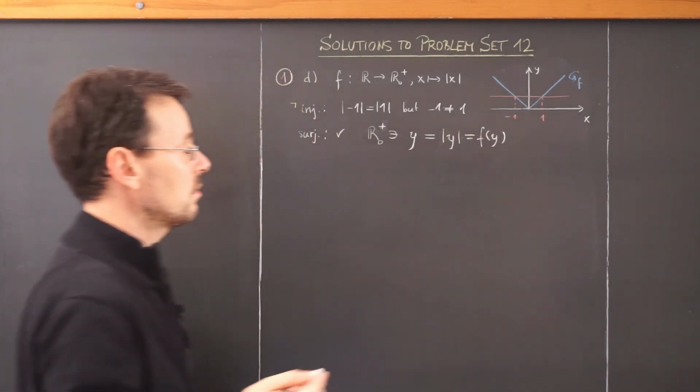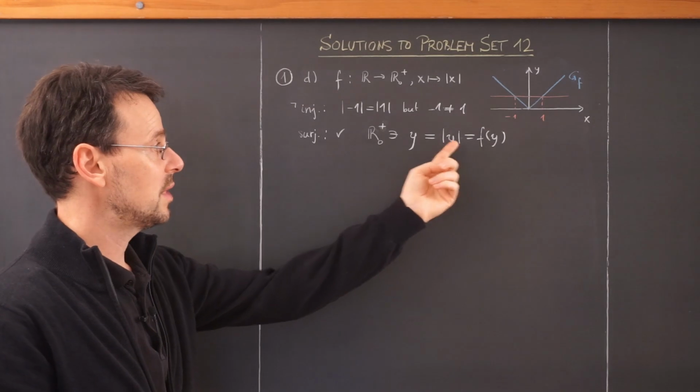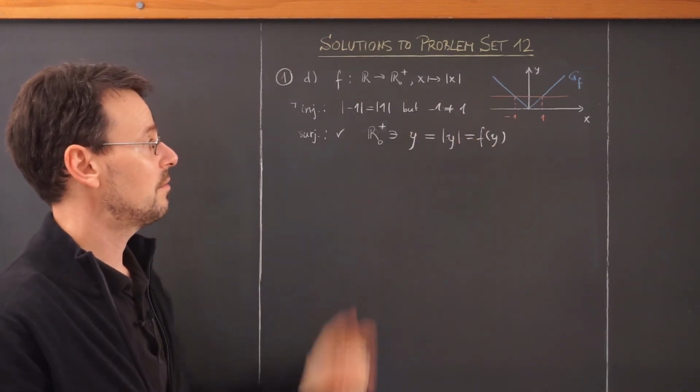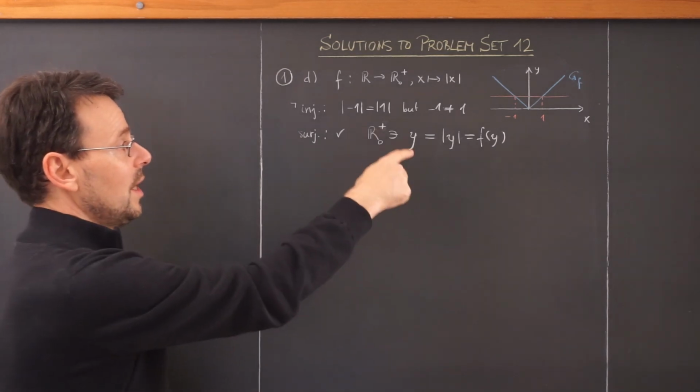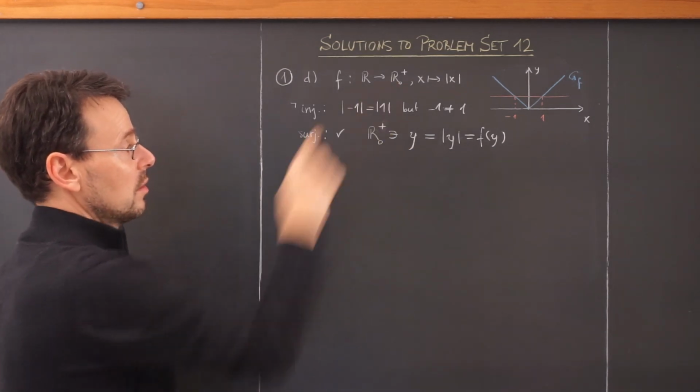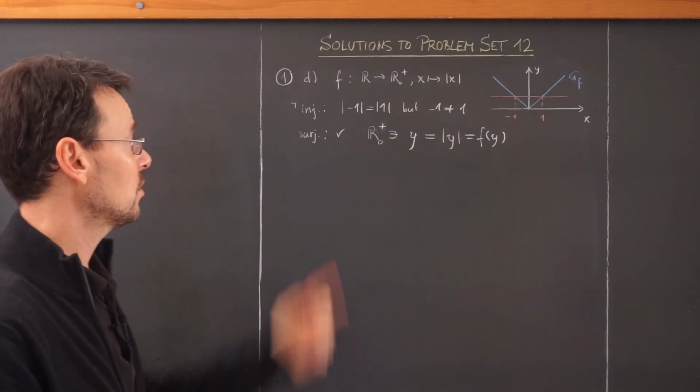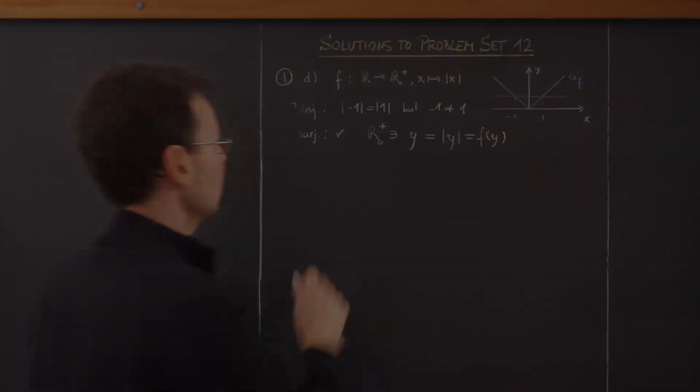But this is trivial because for non-negative numbers, the absolute value is just the number itself. So this here clearly is f of y. So we have shown that every y in the codomain has a pre-image under f. So it is surjective but not injective.